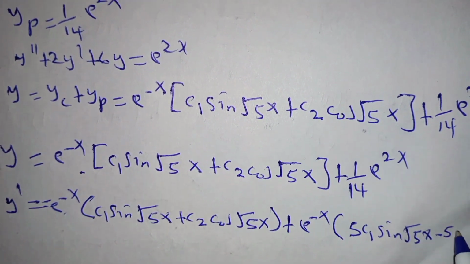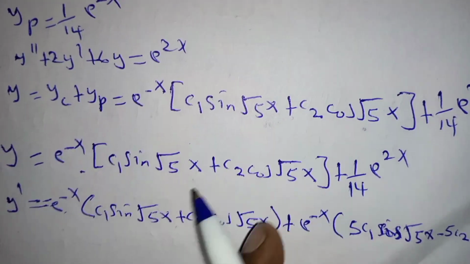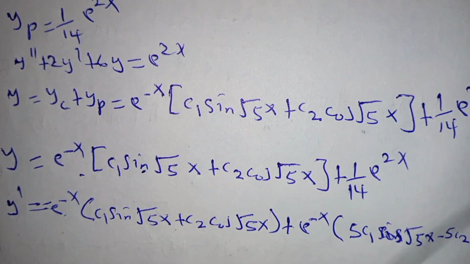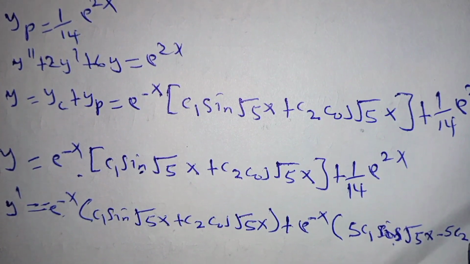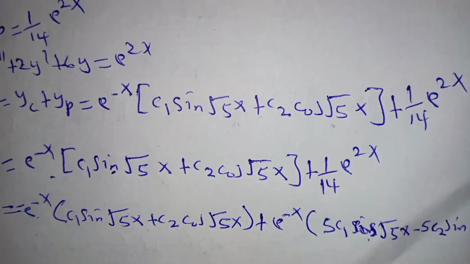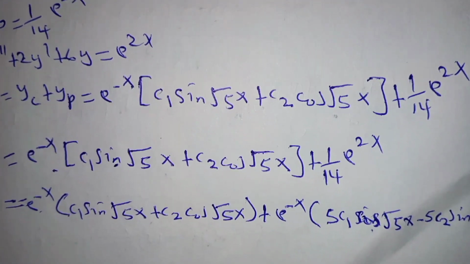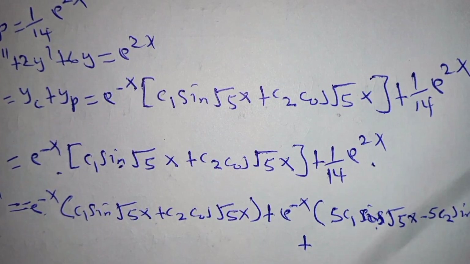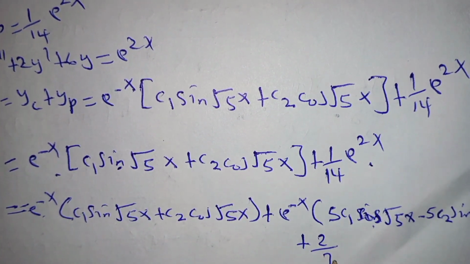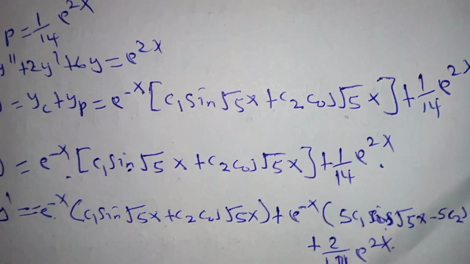When you differentiate sine you get cos, and when you differentiate cos you get negative sine. You close the bracket. Then plus you differentiate this, which will give you 2/14 exponential 2x.